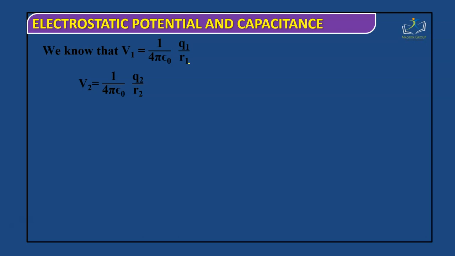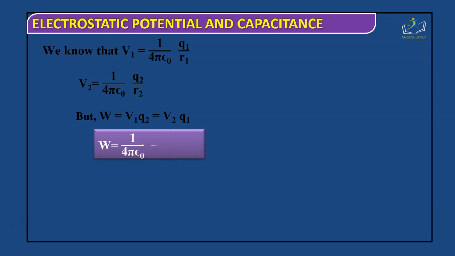Similarly, we have 1 by 4 pi epsilon naught Q2 by R2 for the potential V2. But work done is equal to V into Q. Because of charge Q2, charge Q1 experiences some work, so this will be V2 Q1. That means W is equal to 1 by 4 pi epsilon naught Q1 Q2 divided by R12.